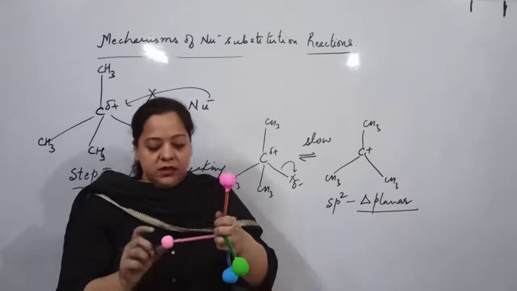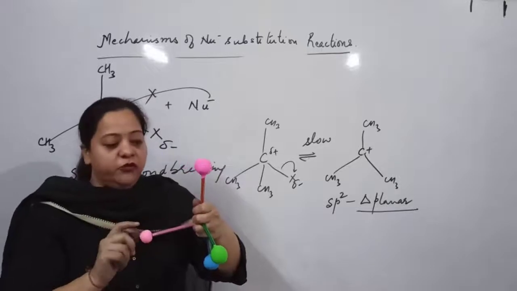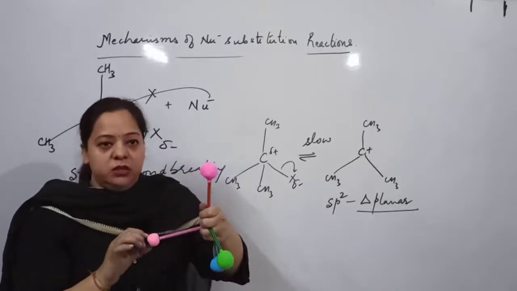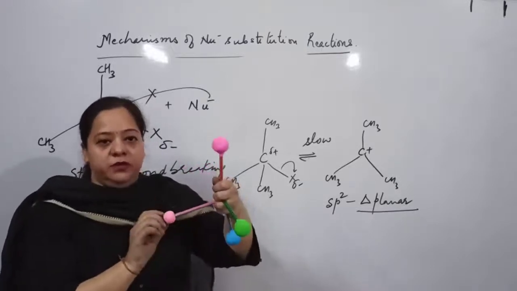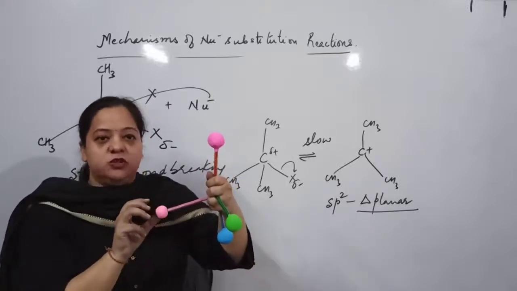And when the rear attack takes place, then the situation is like this. In this case, the incoming nucleophile occupies the position which is the mirror image position of the leaving group. The leaving group was on this side and the incoming nucleophile is on this side.